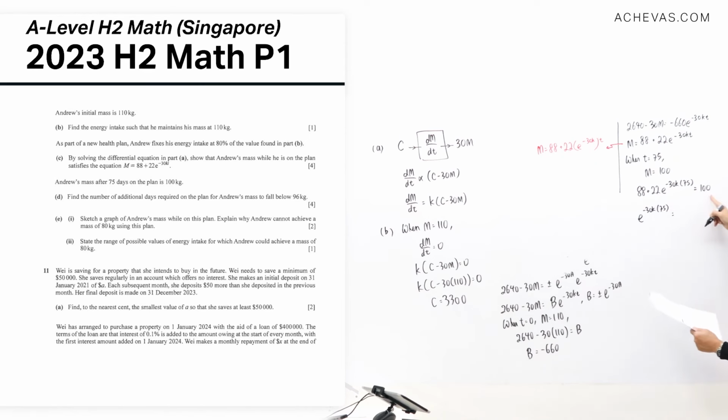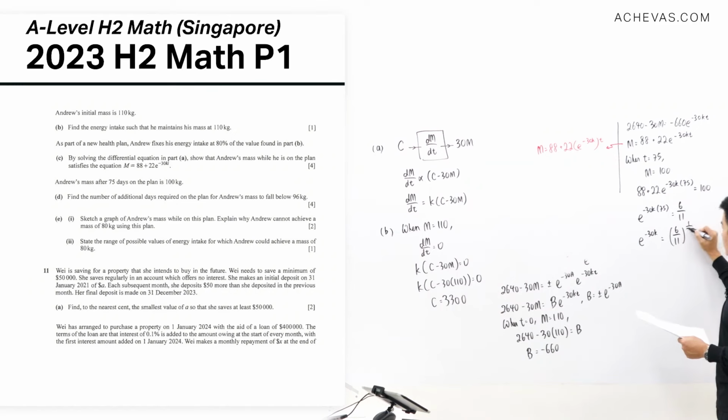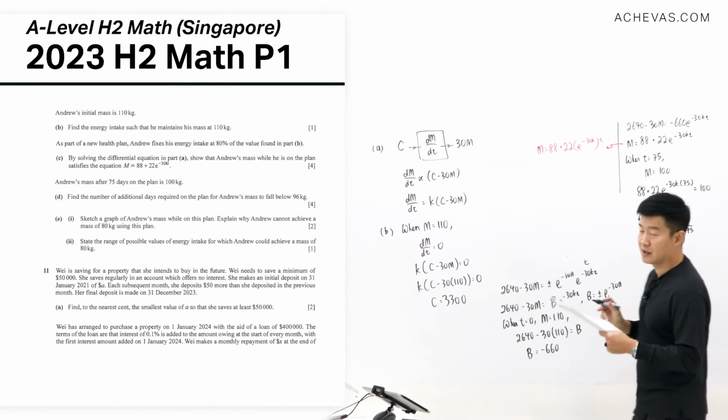If I were to move this over, 100 minus 88 divided by 22, it gives me 6 over 11, which means that e to the power of negative 30k is going to be 6 over 11, the whole thing to the power of 1 over 75.